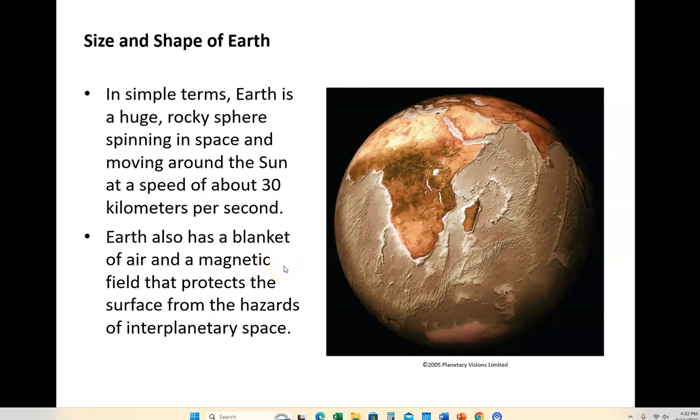We think in the distant past it had a very substantial atmosphere, and now the atmosphere of Mars is about 1% the atmosphere that the Earth has.